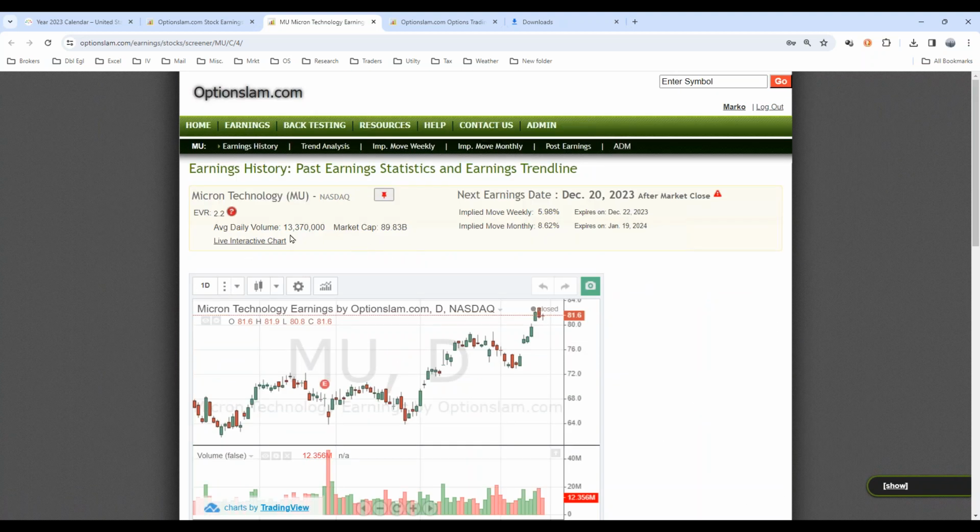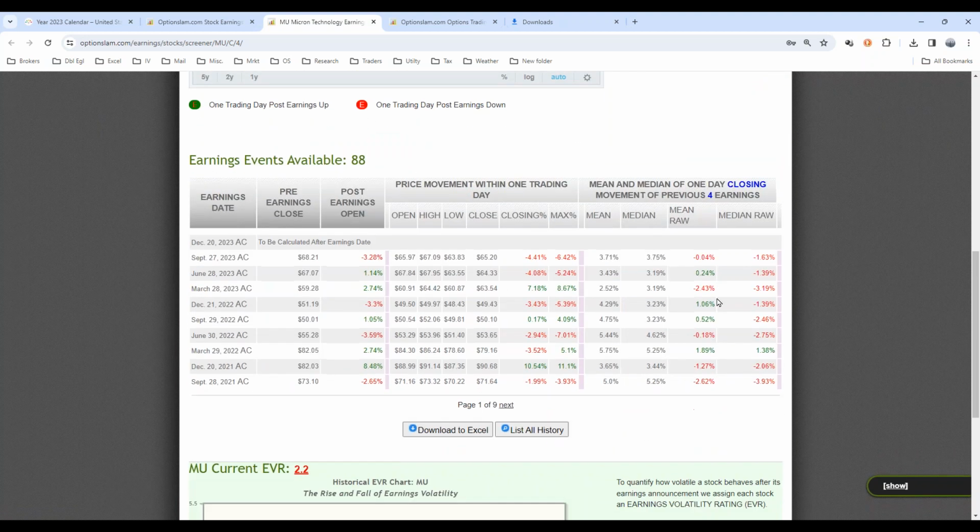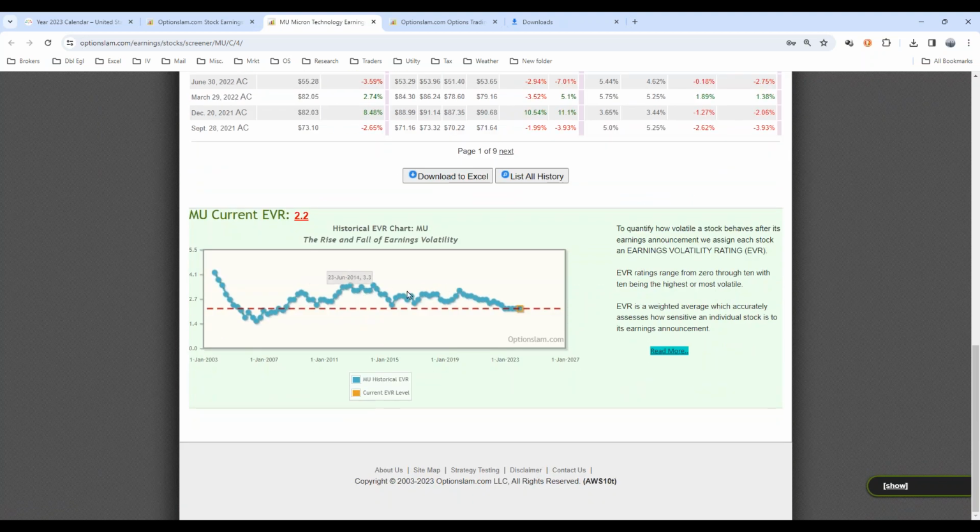Micron is sporting an EVR of 2.2, and EVRs are coming down lately. See that? The EVR trend is down to kind of flat. You can see the last 4 EVRs are all right here at the same 2.2 level. So EVRs have kind of come down and now they're flattening.